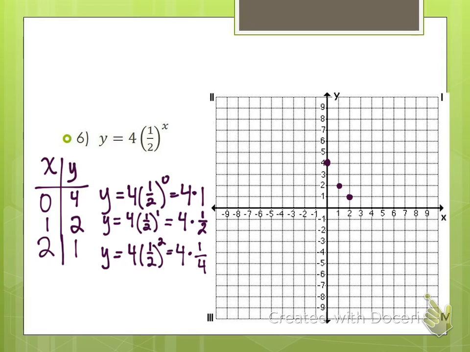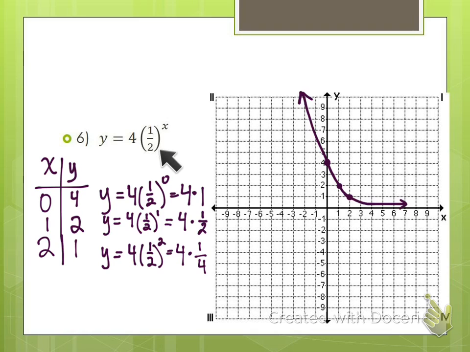What do we notice about where x is negative? What's happening? When x is negative, what's happening to our numbers? They're growing. So if we were to use a negative exponent, remember a negative exponent flips a fraction.